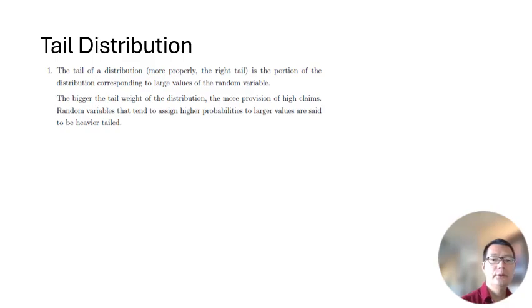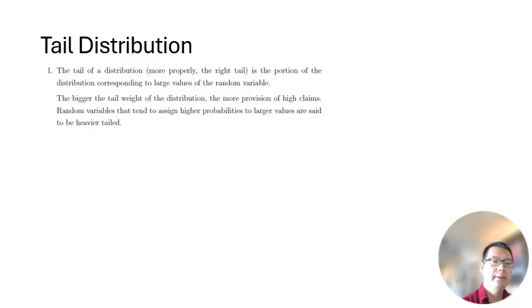In the insurance industry, for example in the P&C world, larger claims are very much the concern of the actuary because they impact how much you will pay. For example, in Florida, when hurricane season comes, there are lots of claims, and the tail claims mean they are paying more. Eventually, this drives the profit of an insurance company.